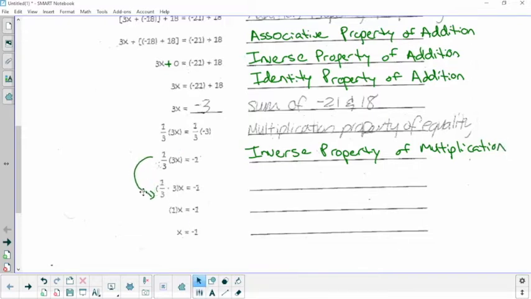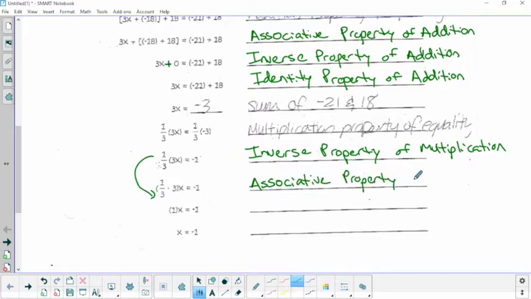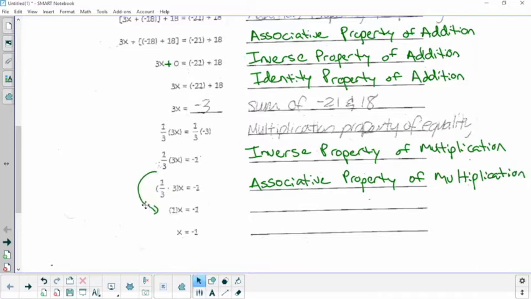As we keep going, 1/3 times 3x became 1/3 times 3 times x. What's that? The associative property of multiplication. Keep double checking. Let's see. 1/3 times 3 became 1, so 1x.